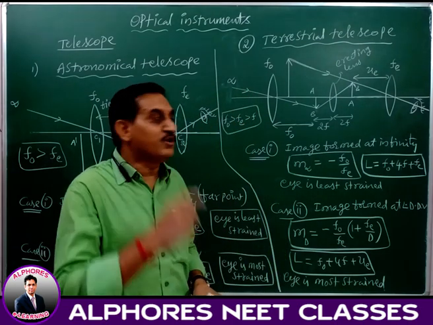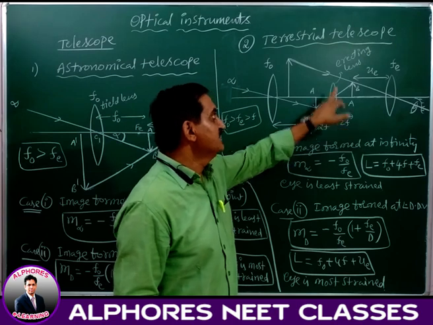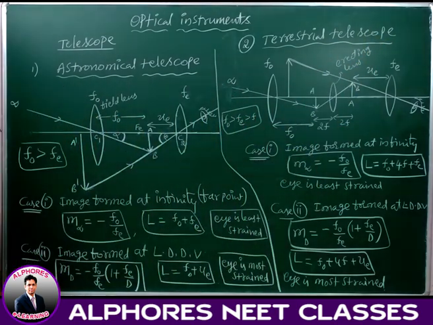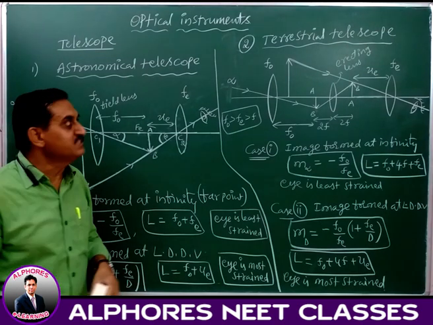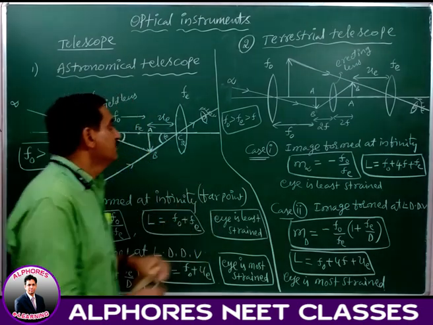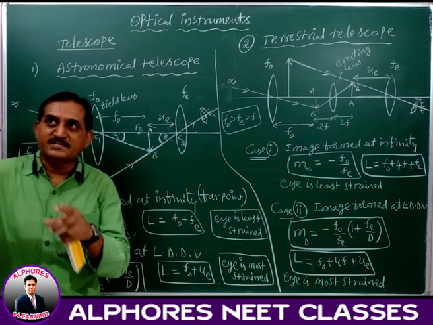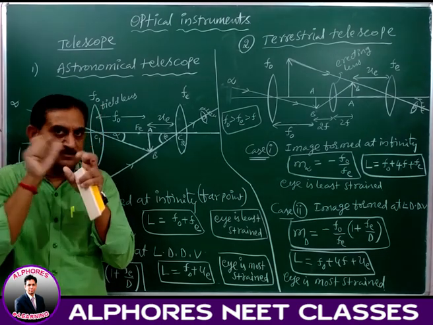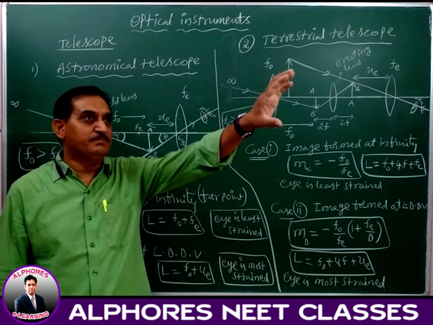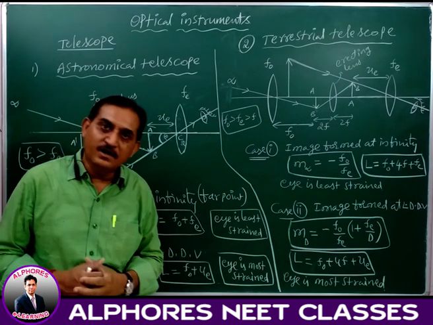But one more lens is to be used in between these two lenses, known as the erecting lens. What is the need of the erecting lens in a terrestrial telescope? Suppose the same astronomical telescope is used to see a distant object on the surface of Earth. Suppose we are observing a building at a half kilometer distance on the surface of Earth.